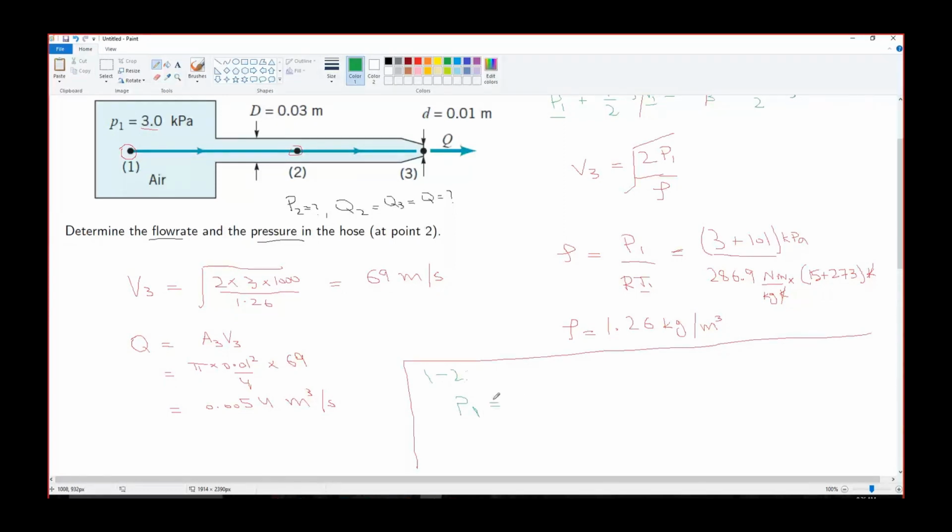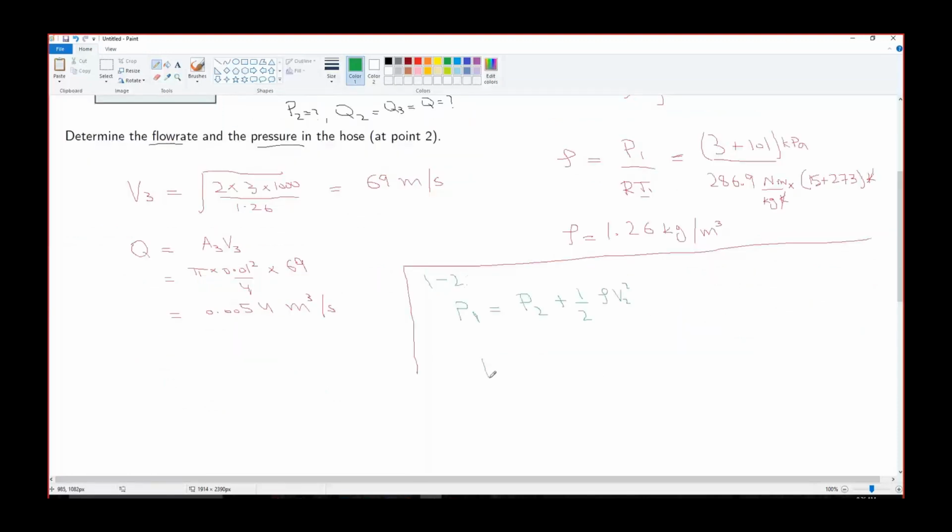P1 should be equal to, at point 2, the pressure P2 and some dynamic pressure as well, half rho V2 square, right? So we can see that P2 is equal to P1 minus half rho V2 square. So we need V2 in order to calculate P2.